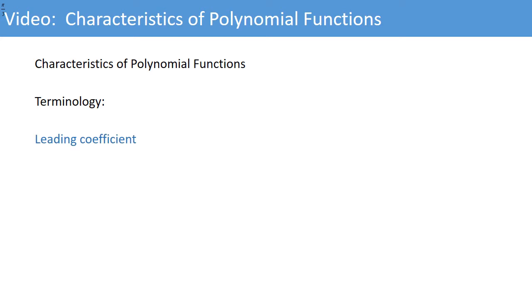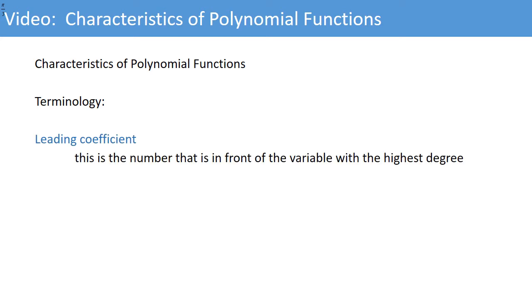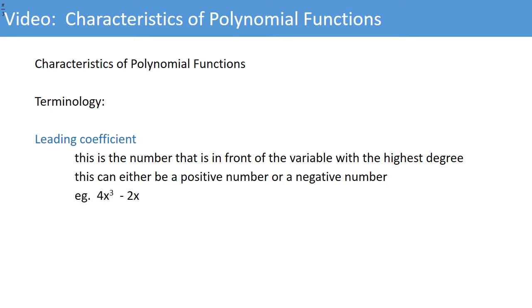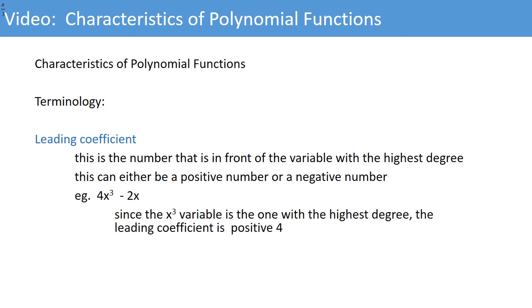Now, the leading coefficient. If you look at the number that is in front of the variable with the highest degree, this can either be a positive number or a negative number, and this is called the leading coefficient. For example, 4x to the exponent 3 minus 2x, x cubed is the variable with the highest degree, so our leading coefficient would be positive 4.